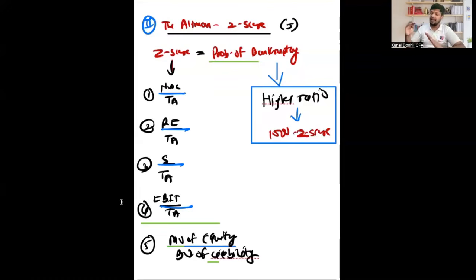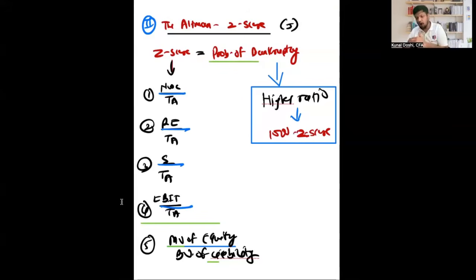First of all, any increase in all of these ratios will increase my Z-score, and a higher Z-score is a good sign. I meant all of the ratios increasing will increase my Z-score. Compared to Beneish, where an increase in the ratio increases the probability of manipulation, in Altman it is the opposite.